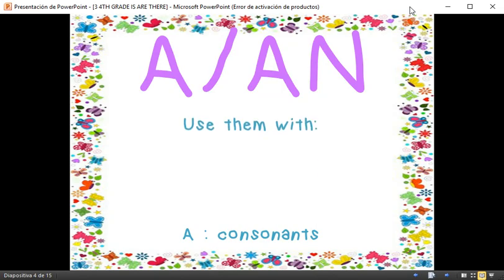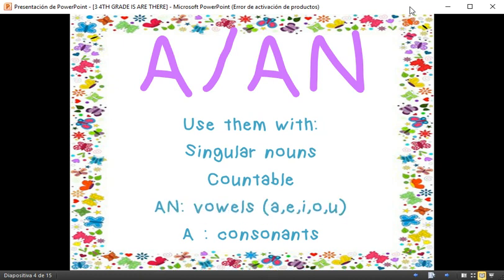We are going to use a or an with singular nouns, with countable nouns. An is only for vowels like A, E, I, O, U, and A is only for consonants.